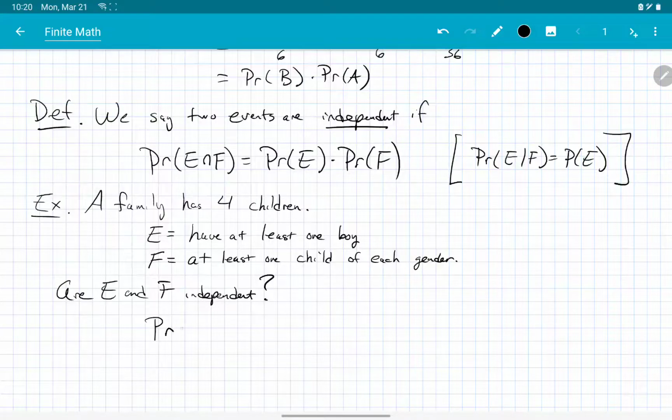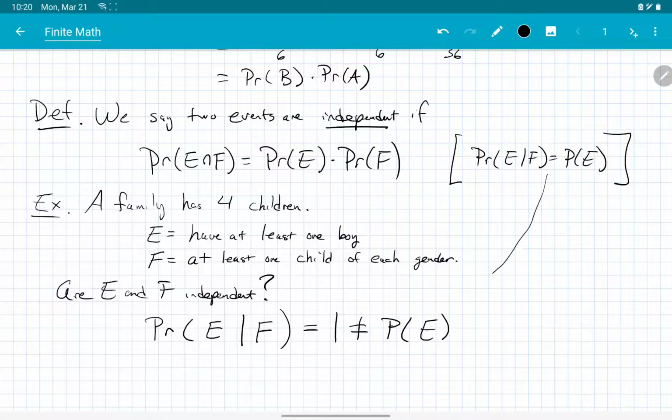If we were to calculate the probability of them having at least one boy, given that they have at least one child of each gender, what is that equal to? Exactly. That's 1. And 1 is probably not equal to the probability of having at least one boy. So looking at this, we see that these are not going to be independent events.